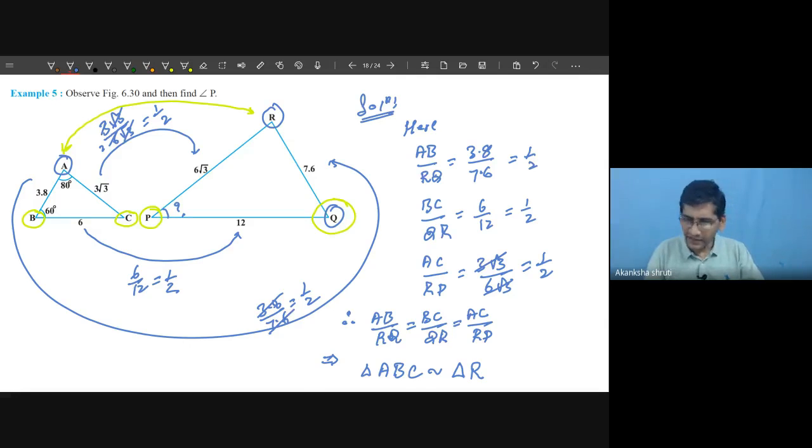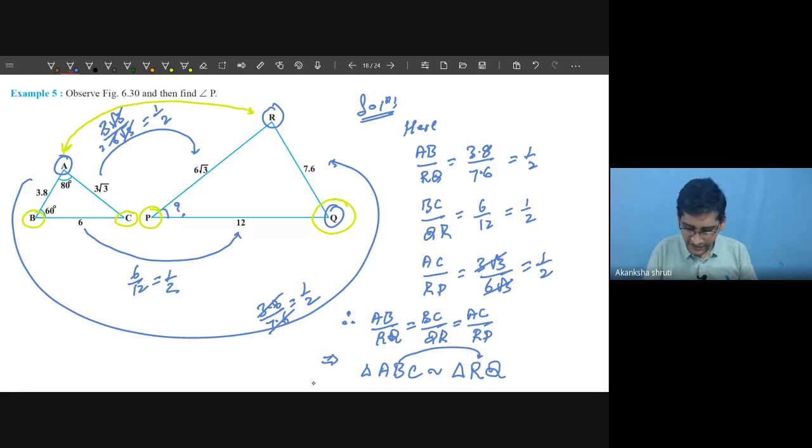Now regarding B, while drawing this circle, we have also allocated corresponding to B. Observe this. What is going to match with this B? So AB was matching with RQ, but B was with both RQ as well as QP. Means B was corresponding to our Q. So in place of B, for the next triangle, you have to write Q. Then obviously the third one will also be equal.